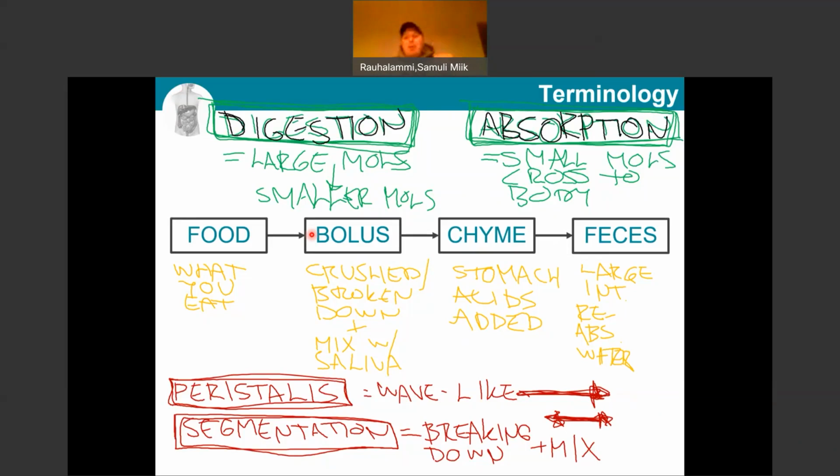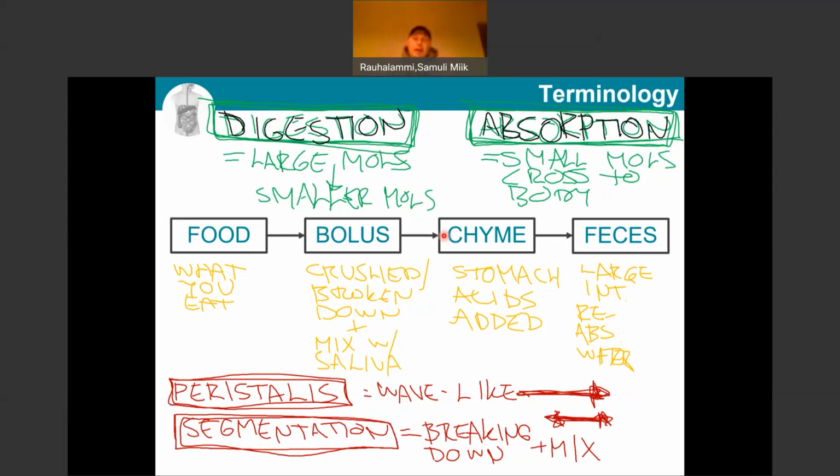That's easier and more manageable for us to swallow, and stays nicely together. So that's our bolus. When bolus reaches the stomach and gets mixed with the secretions within the stomach, it stops being called bolus and it now becomes chyme. Chyme has a much more liquidy appearance, I guess, than the bolus.